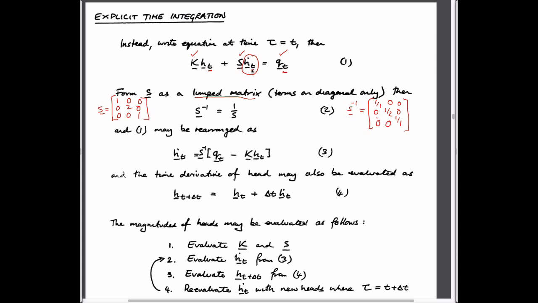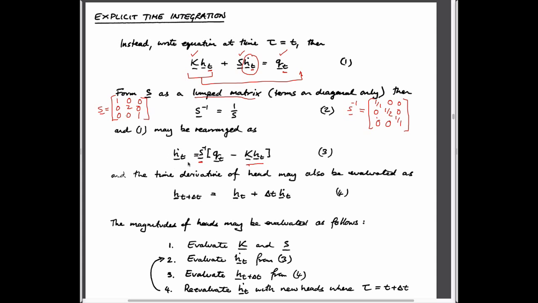If we rearrange this equation 1 in terms of this, we subtract this off to the left-hand side, and we multiply both sides by S minus 1, and we get this. That's all we've done to get this. So this has come to the left-hand side. We've multiplied both sides by the inverse of S, and we end up with this.